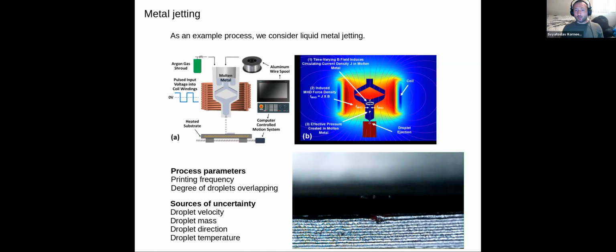So we get this process, and to understand uncertainty at the part scale, you really have to have a model at the droplet scale. Using this model and introducing uncertainty at the droplet scale, you can understand how it translates to the uncertainty at the part scale.